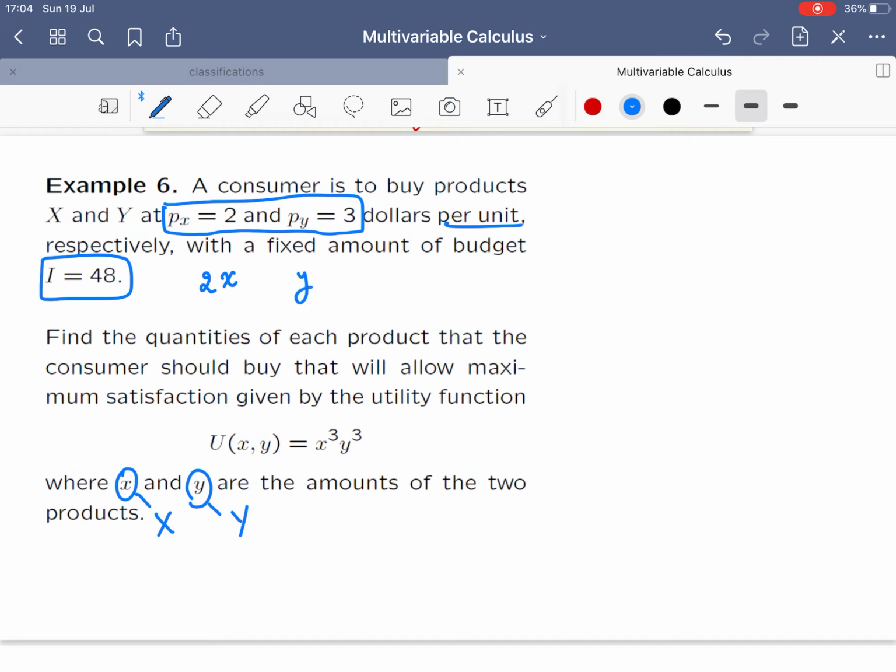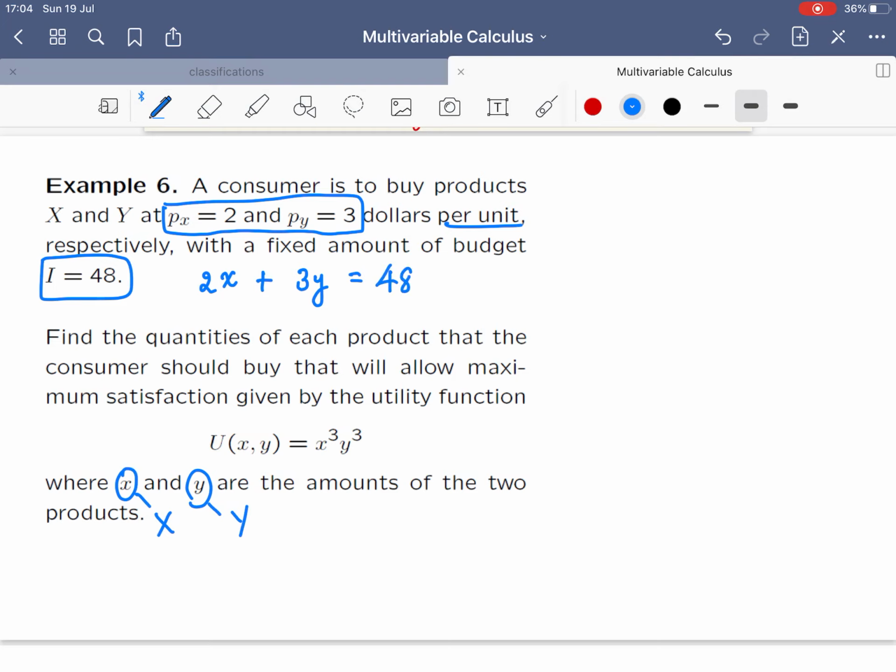You buy 1 unit of product y, you pay $3, so if you buy y units of product y, you pay 3y dollars. Together they cannot go beyond your budget.